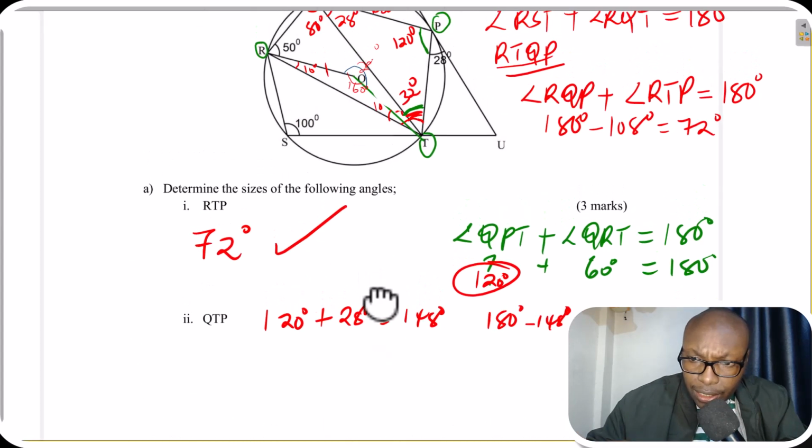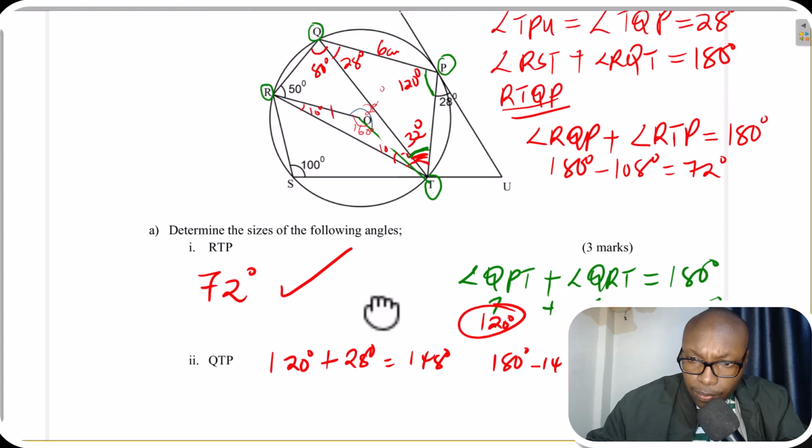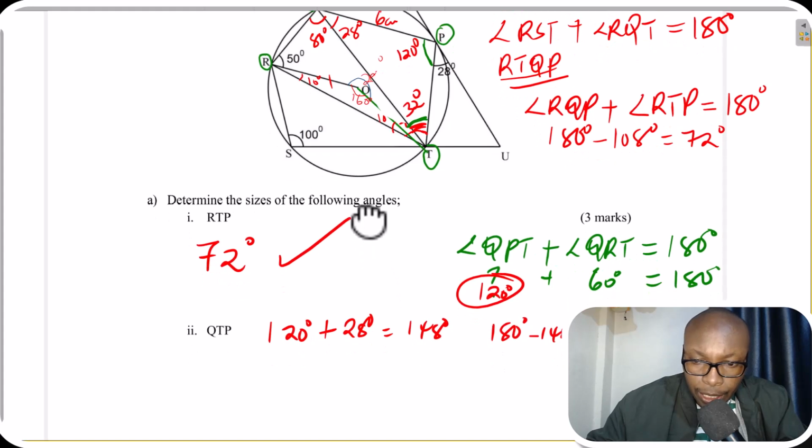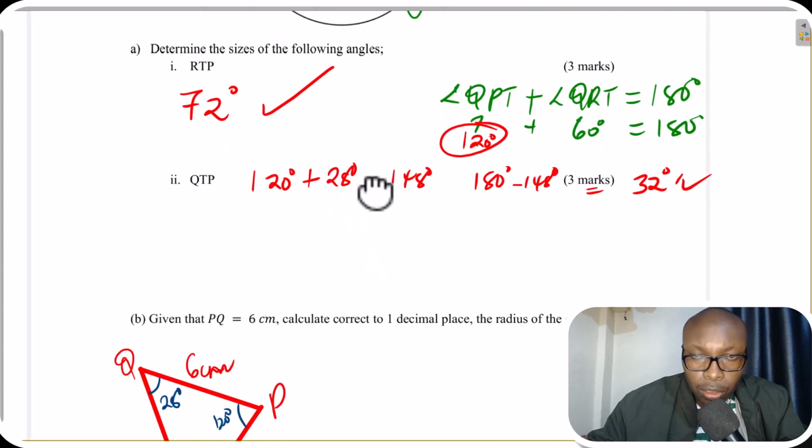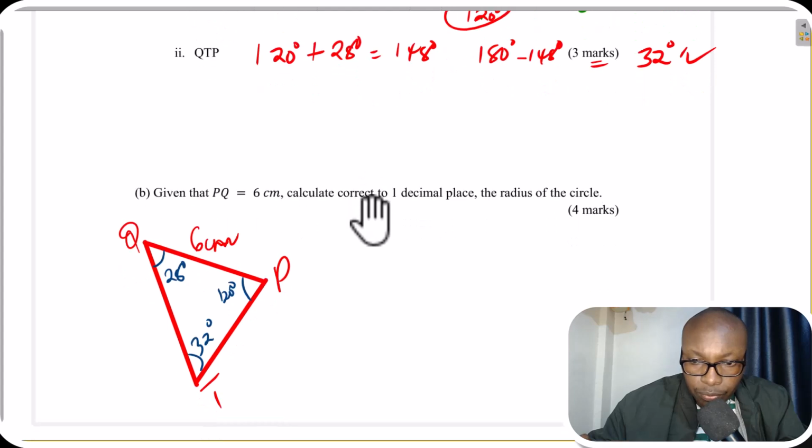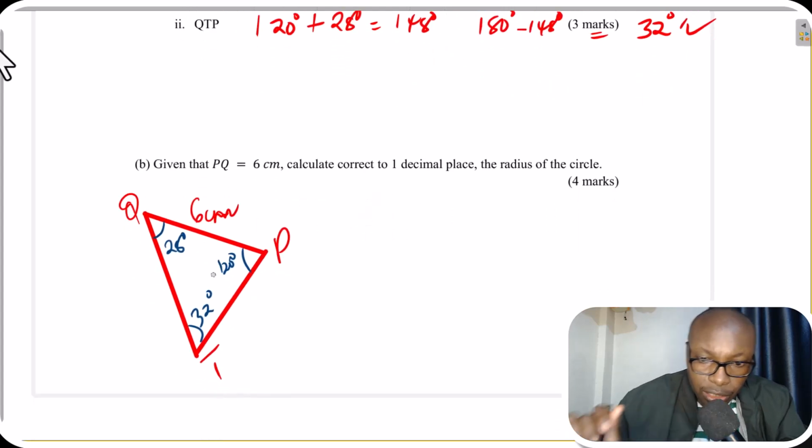You can see that this triangle is circumscribed. There's a circle that is touching the 3 vertices of that triangle. And if you recall the sine rule, we can use the sine rule to get the radius of the circle.